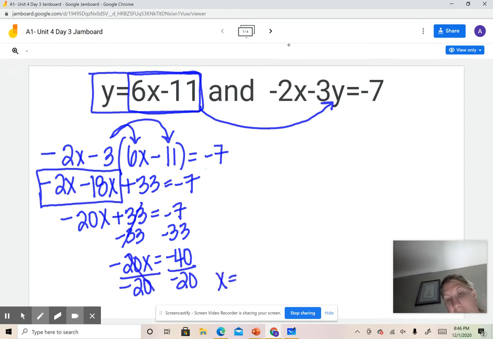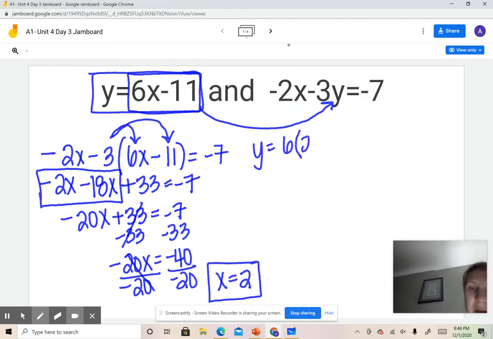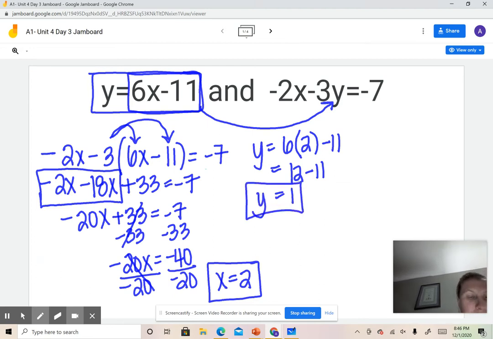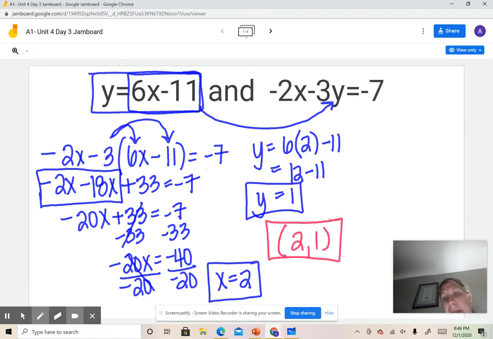So x equals 2. Now, there's two variables up here, x and y. So I have my first answer, and I'm going to plug it into my first equation, but I know x is 2. So I have 12 minus 11, which is 1. So that means y equals 1. And just like in the video, you always need to write as a coordinate x comma y. There's my first answer, 2, 1.